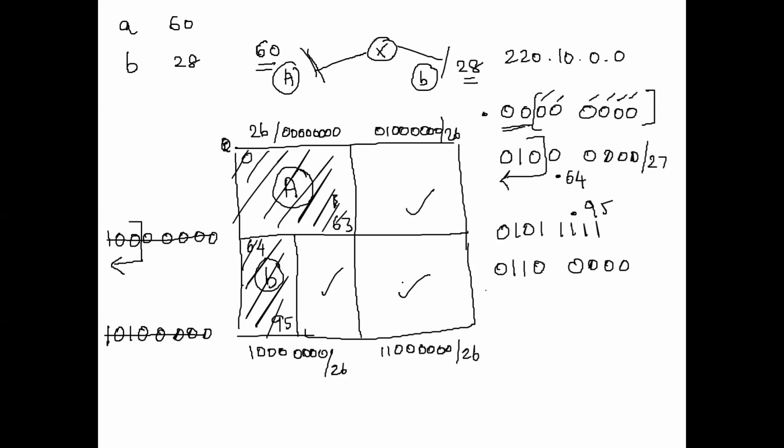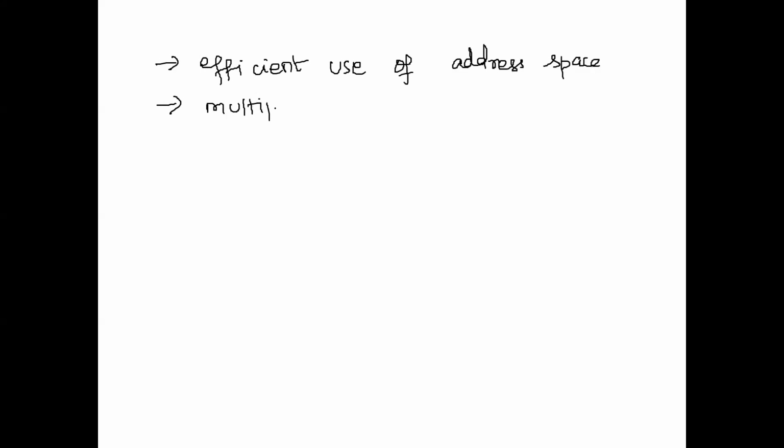So what are some of the benefits of VLSM? You can take it down. The first benefit is that it allows efficient use of address space. The second advantage is it uses multiple subnet mask lengths.